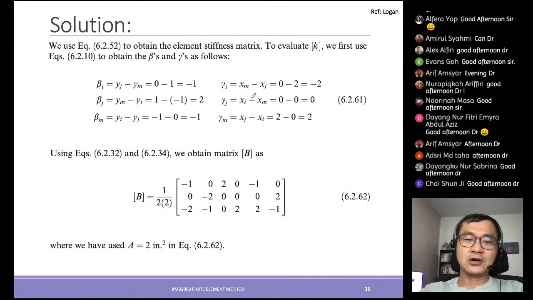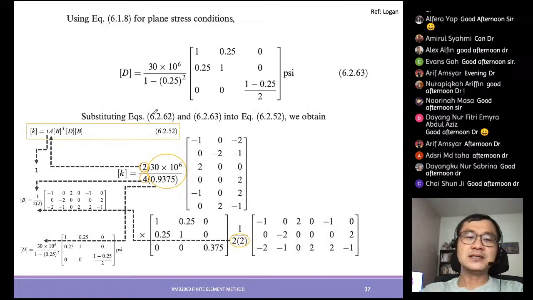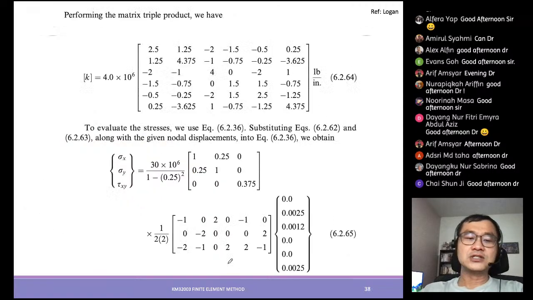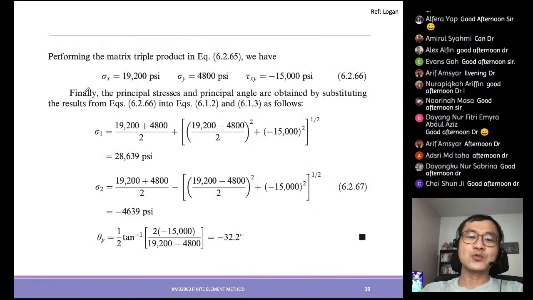So you get all these parameters, get the B, get the D, substitute, solve for the K, right? So once you solve for the K, then perform accordingly to get the stress. Once you get the stress, evaluate using the principal stress equations, with a plus and minus to get it again, as well as to get the principal strain, principal angle itself, right?